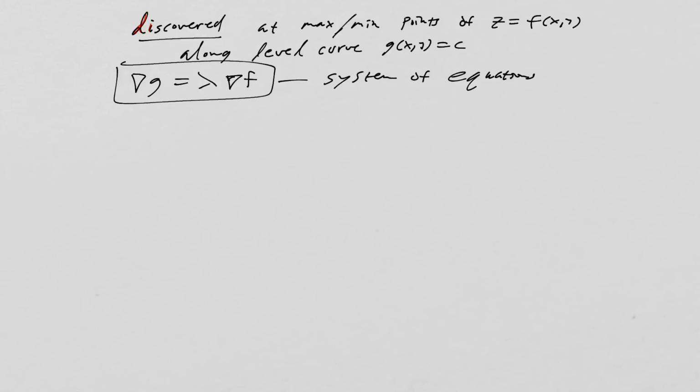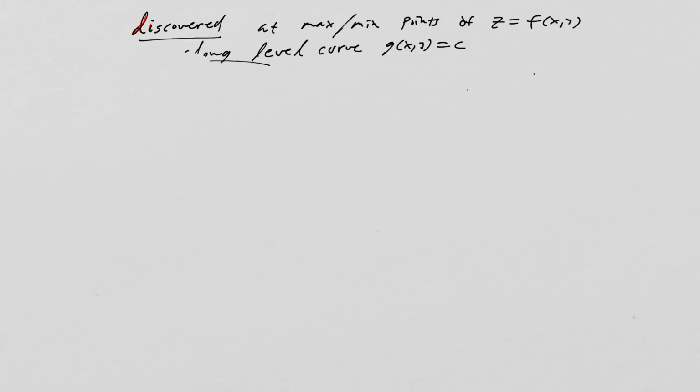So let's actually erase that. I'm going to erase this for a second and rewrite that. This is going to be grad g of (x, y) is equal to lambda grad f of (x, y).